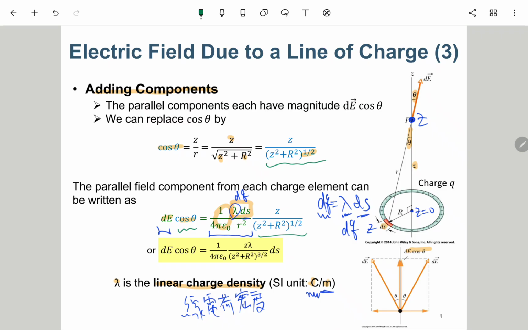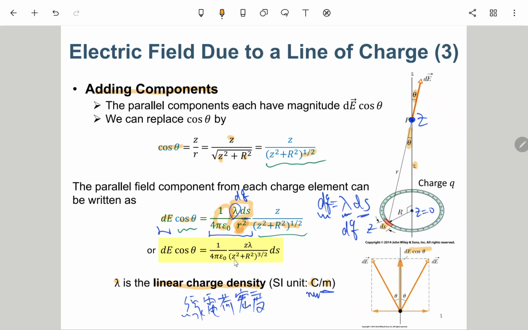We also express this r in terms of the square root of z squared plus capital R squared. So all together, with the square, it becomes z squared plus capital R squared, multiplied by this one, giving a 3 over 2 power.